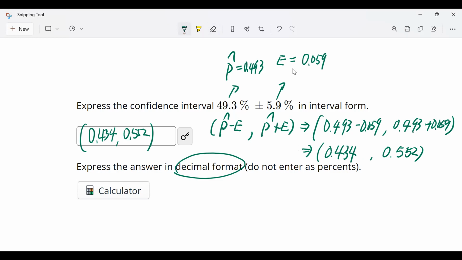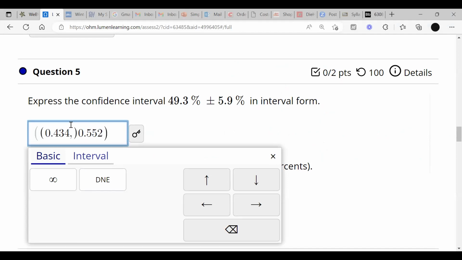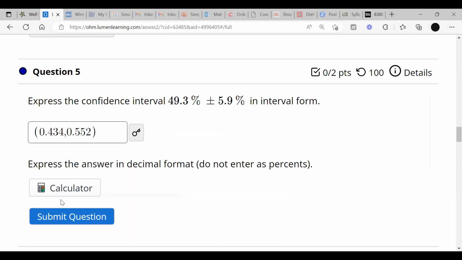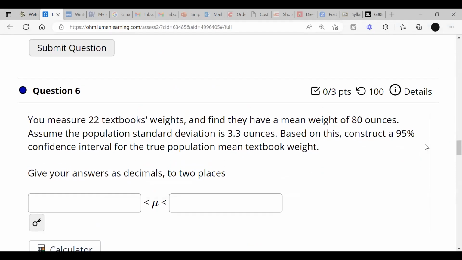We're just turning one form into another. That's what we're looking for. Okay, then submit it. Perfect. Okay, so one more question.